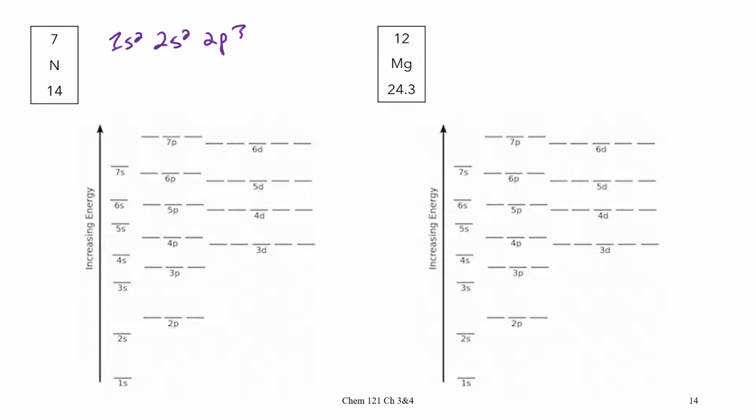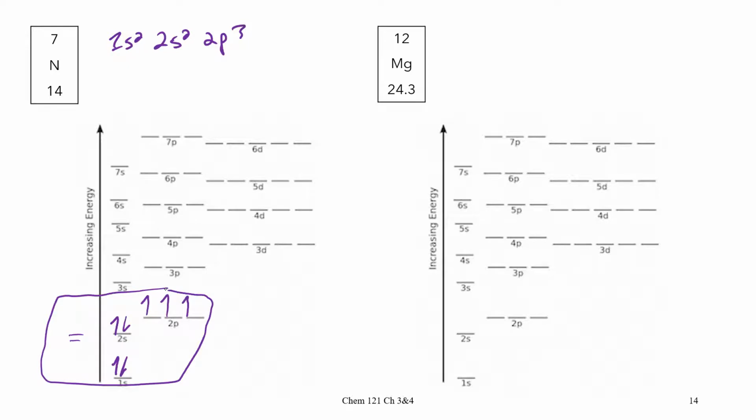So for the electron configuration, we want to go up to 7. So we're going to go 1, 2, 3, 4, 5, 6, 7. And so this right here would be your answer for that given element.